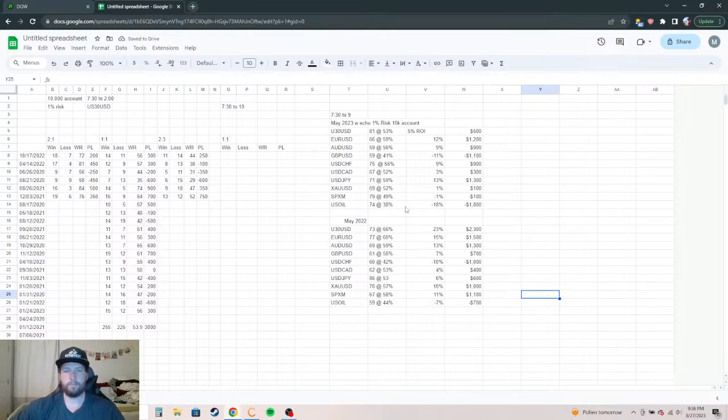There you go. So we've officially back tested May of 2023 and May of 2022. We've tested the Dow, Euro US dollar, Aussie US dollar, Pound US dollar, US dollar franc, US dollar Canadian dollar, US dollar yen, gold, S&P 500, and oil on both of those.